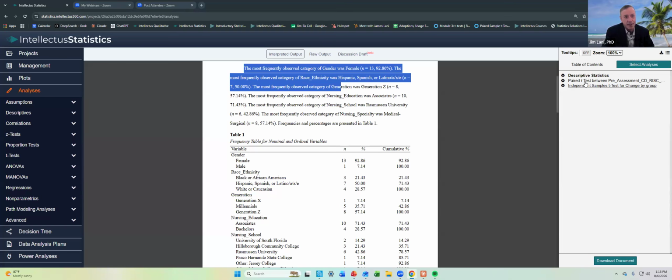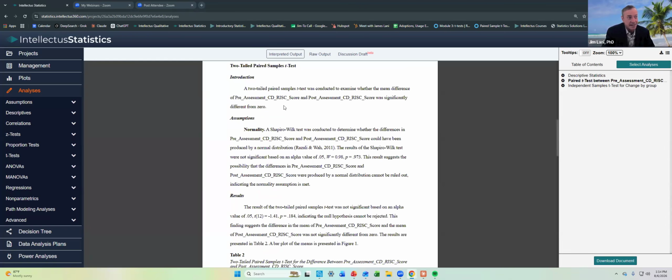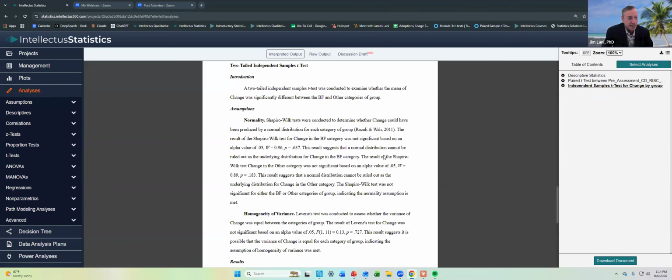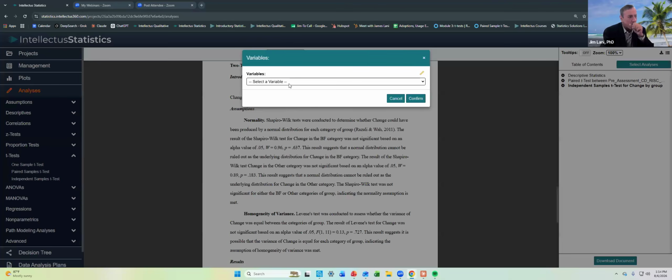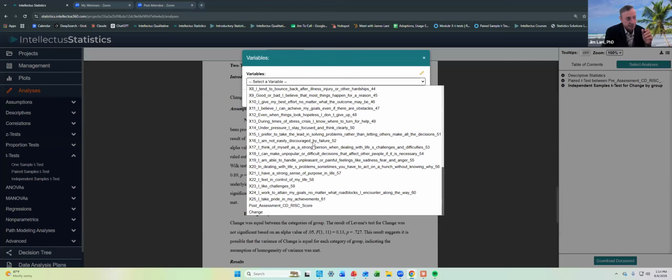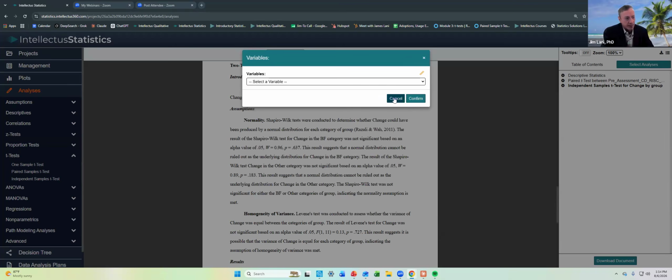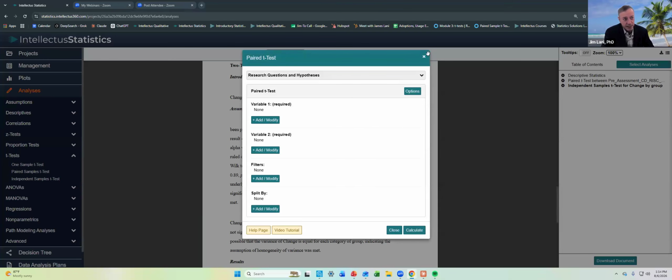Paired t-test, which is assessing differences on pre to post risk scores, and independent t-tests. So different tests to be had. The key thing is that it's easy to conduct tests by selecting paired t-tests, selecting the variables, like pre or post, and then hitting calculate.